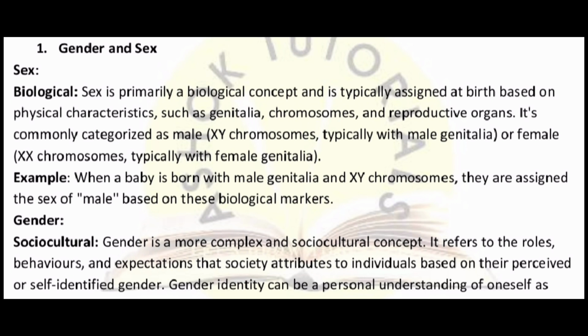This is the pair of sex chromosomes. In boys or males we have XY chromosomes, and in females we have XX chromosomes. So many a time you will see that boys are represented with XY chromosomes and females with XX chromosomes.